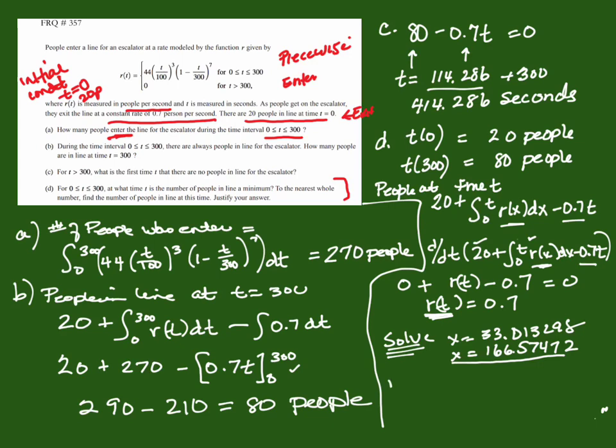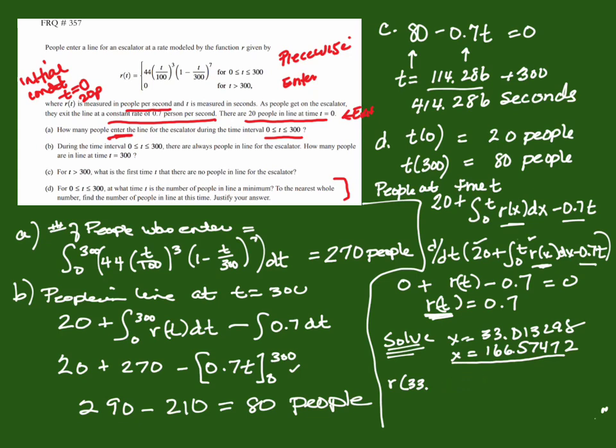So then you have to find the number of people at 33.013298. How do you figure that out? How many people are at that time? It's not just r of t, it's the whole thing.